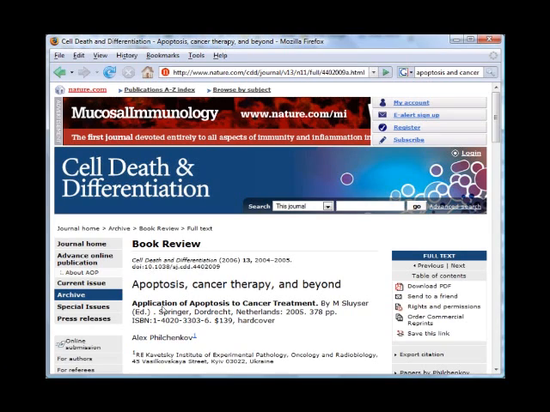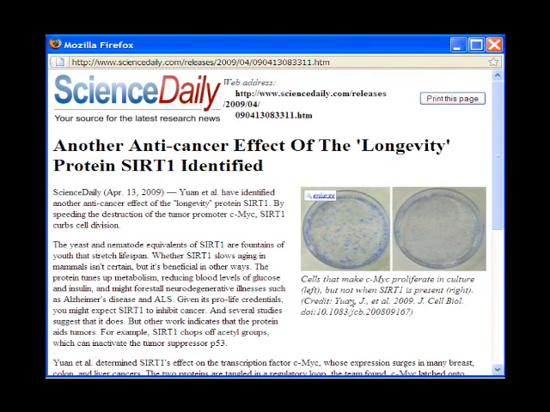If we can trigger cancer cell apoptosis, that's a cancer therapy. This is a book review. People already read a book about this in 2004 and 2005. So what we are talking about today, scientists already knew a few years ago.